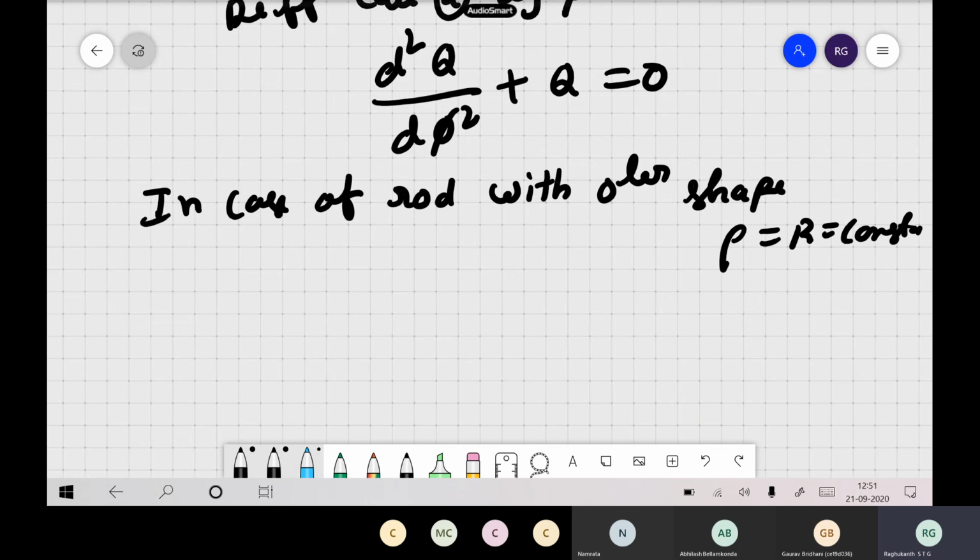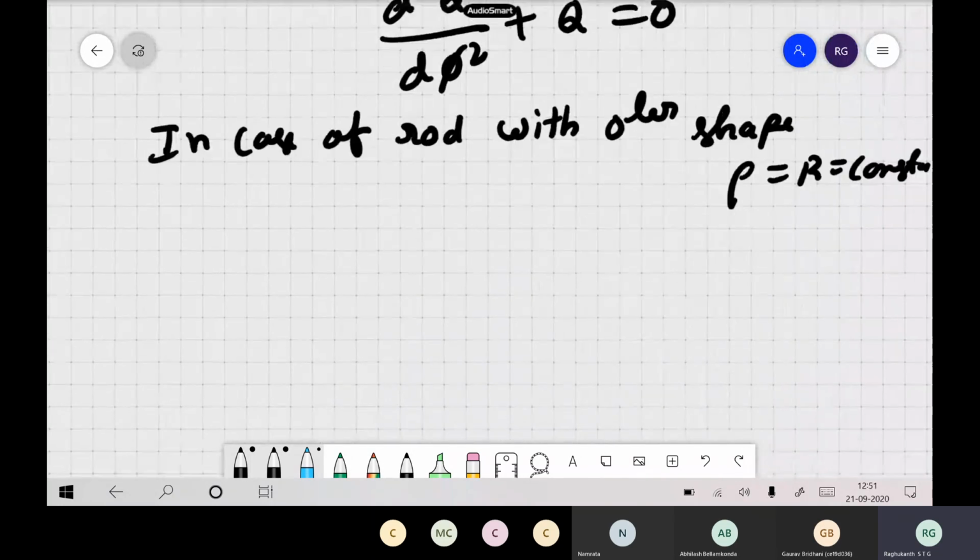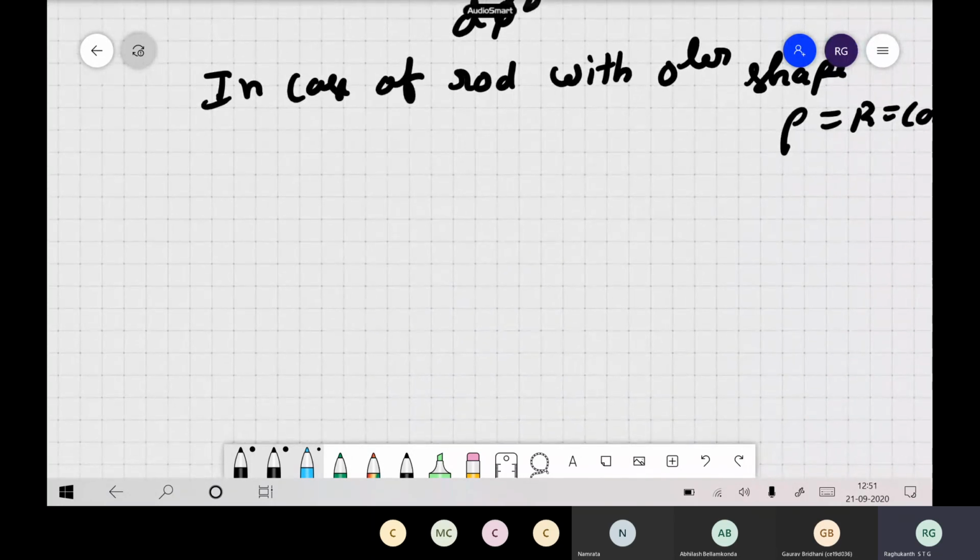If you can neglect p, now this q you can substitute in this equation also, and write in one go. A big equation can be written up, for a circular rod.